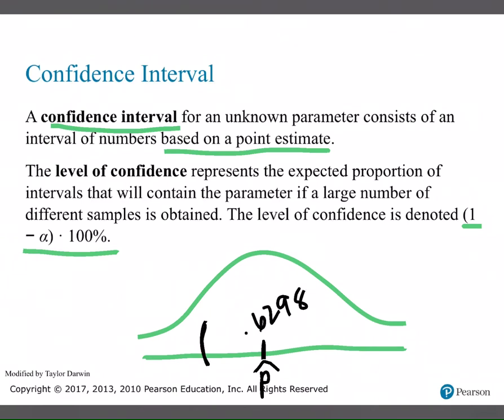If I can create some numbers that I add and subtract to this point estimate, kind of like a give or take, I can create something called a confidence interval. I don't know if it's exactly 0.6298, but I know it's somewhere close to that, so I can create some interval, called a confidence interval, of where I think the actual population proportion exists. We're going to get into calculating that more, but this is just a visual of what a confidence interval is.